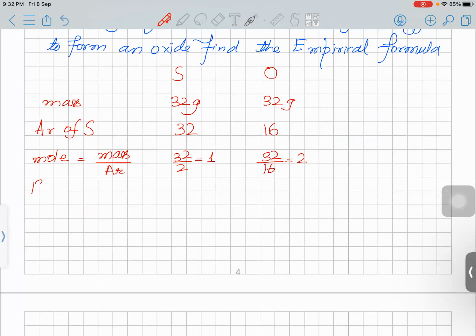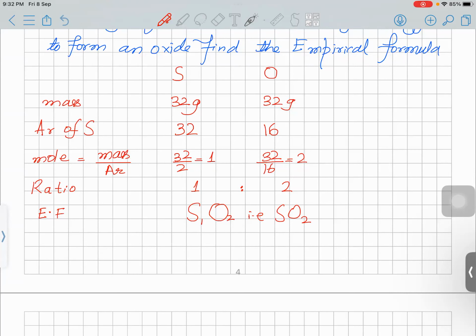Next is ratio. So the ratio is 1:2. So empirical formula is sulfur 1, oxygen 2. That is SO2.